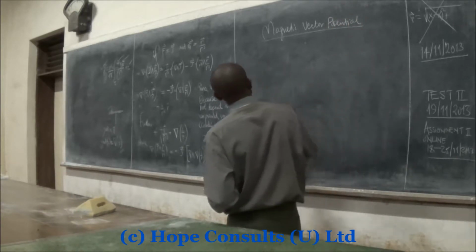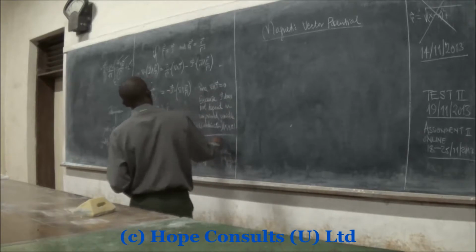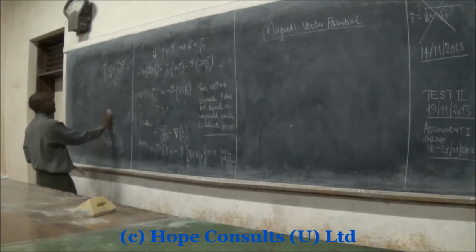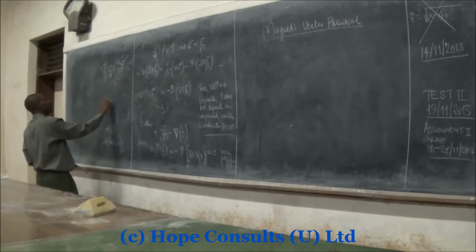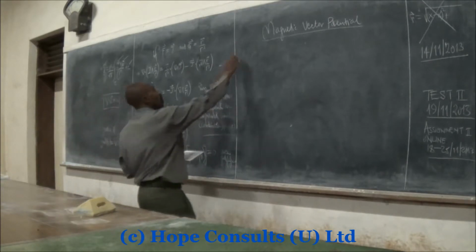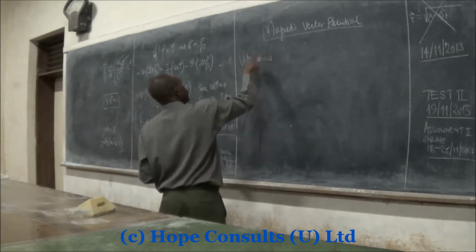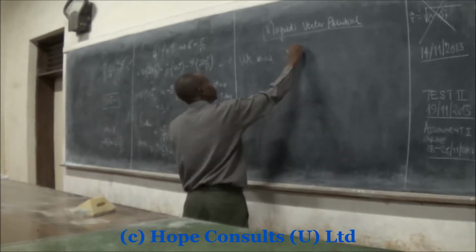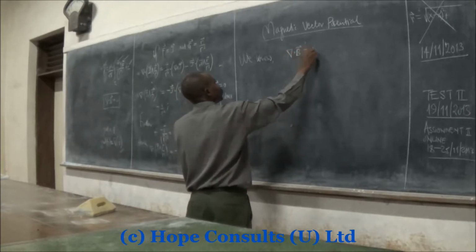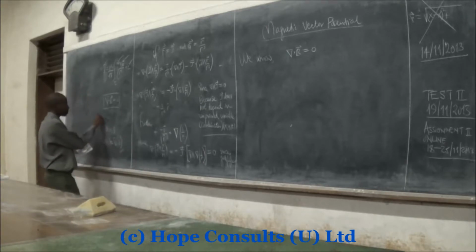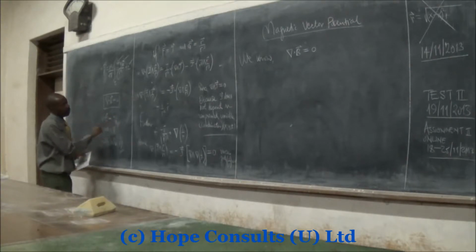And we know from what I've written there that the divergence of B equals 0. So we know that the divergence of B is equal to 0. What was the divergence of E from electrostatics? Epsilon.